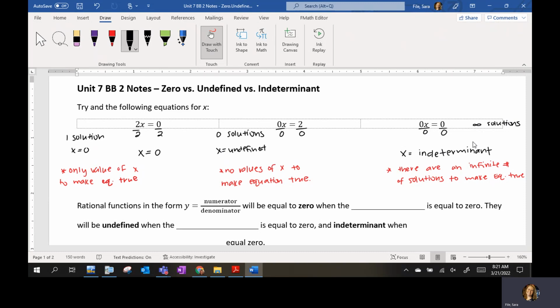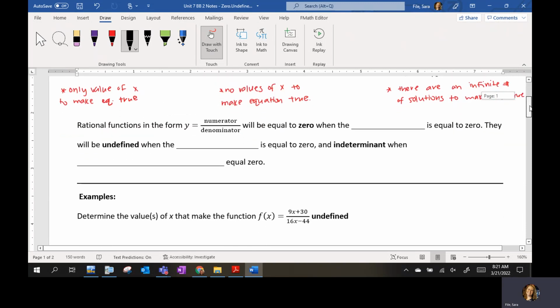So that's why this is indeterminate. It's not undefined. It doesn't mean it doesn't exist. There's an infinite number of solutions. And here there are no solutions, x is undefined. Feel okay about those three terms? 0, undefined, indeterminate.